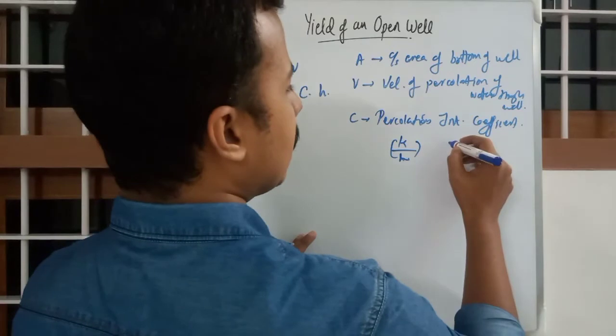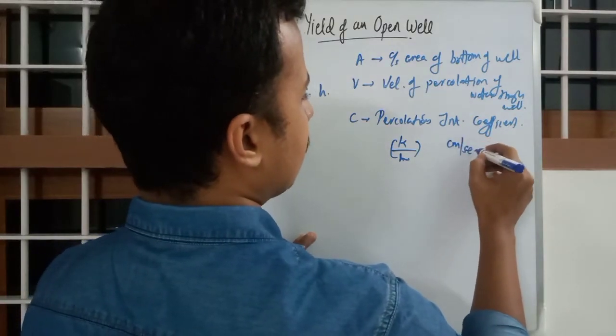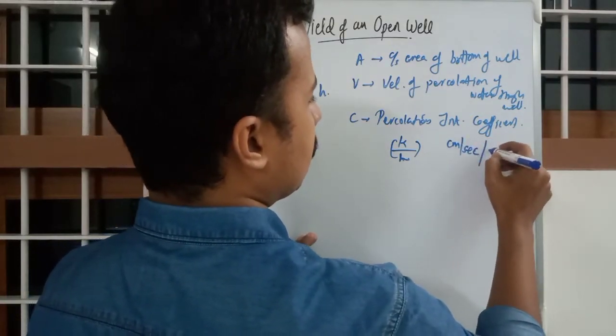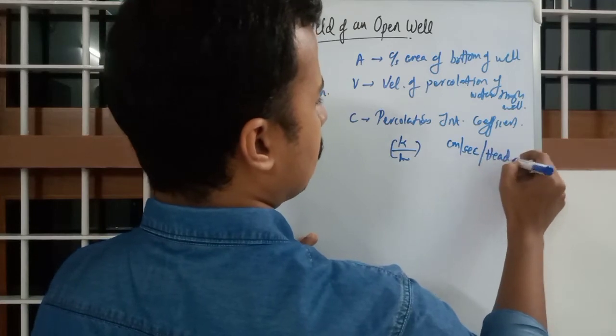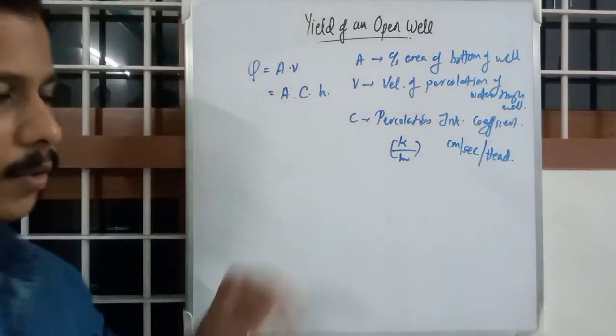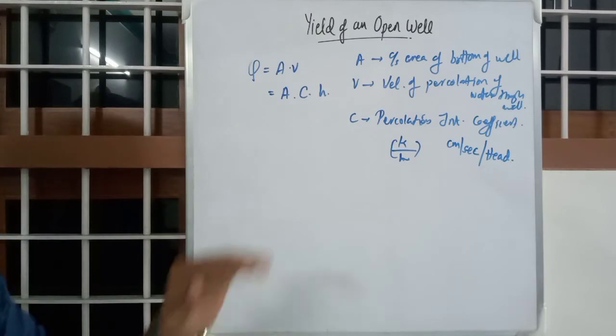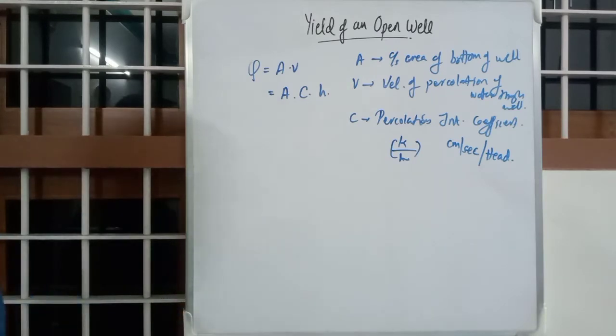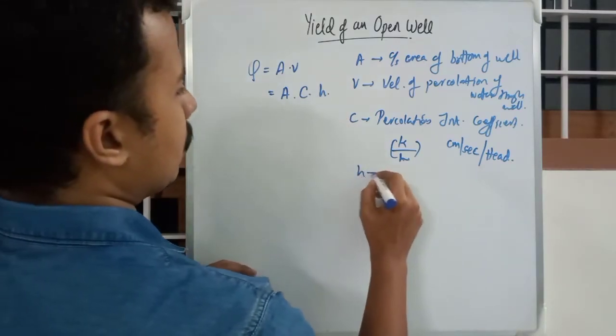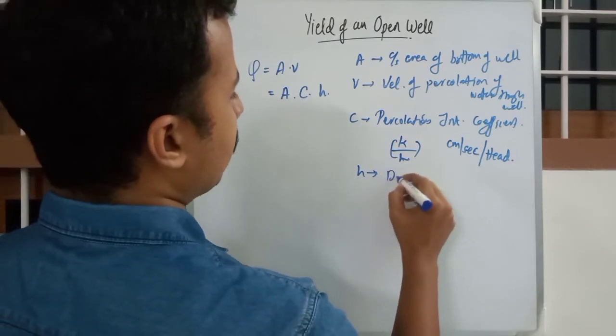The unit will be centimeter per second per unit head, of each level of depression, and H is depression head.